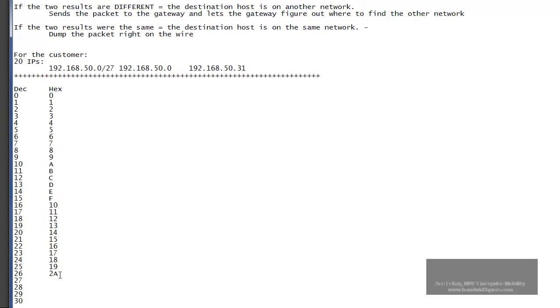Oh, that's right, we're still in ones. Where did I get the 2 from? We're still not done with the ones. There you go. Sometimes I've got to double check myself. 1C, 1D, 1E.